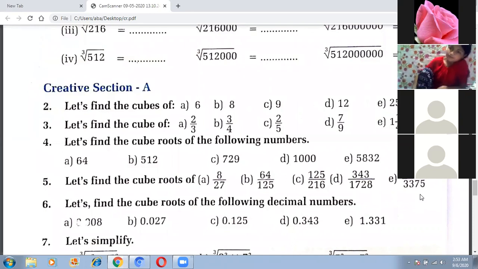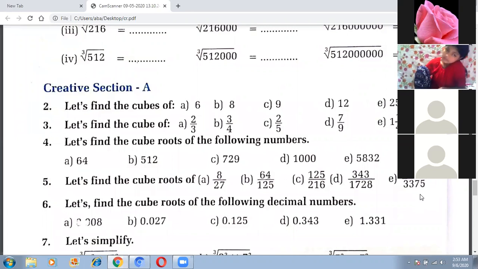Yes, 0008 means only 8. 0 is not needed. Now 0.008 means 8 by 1000.